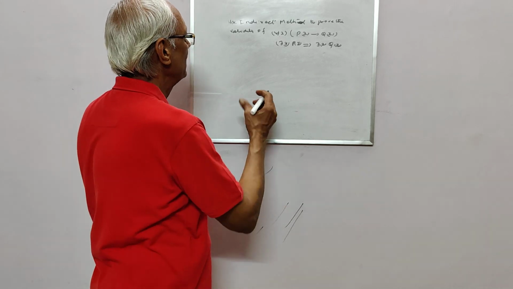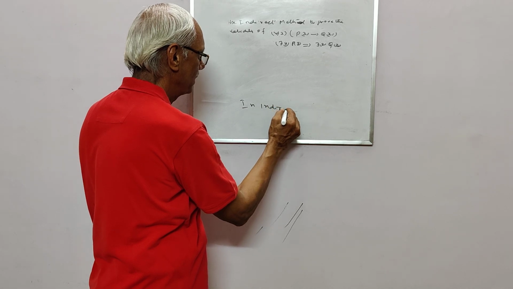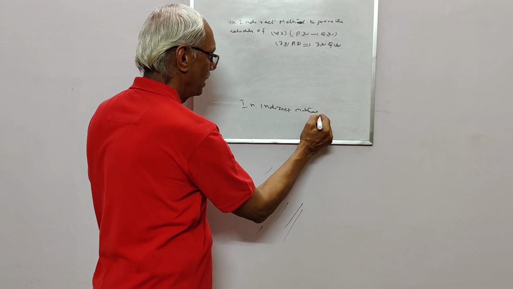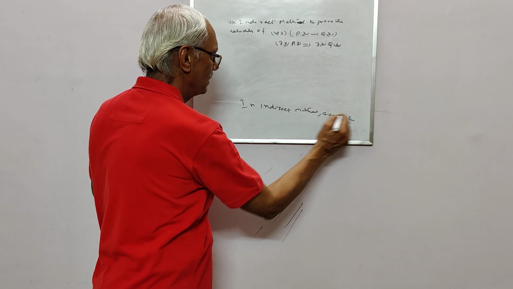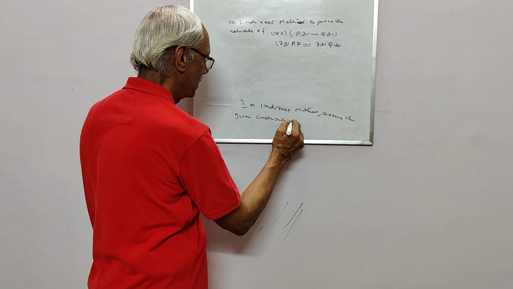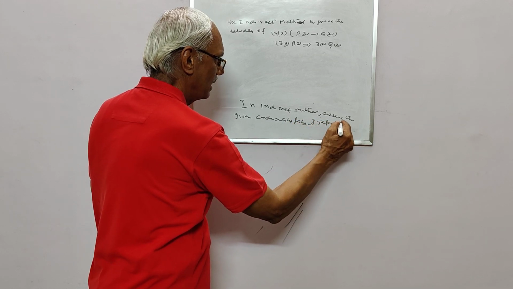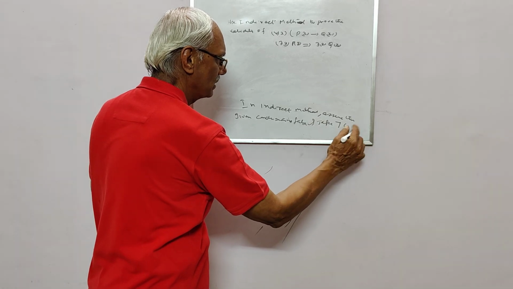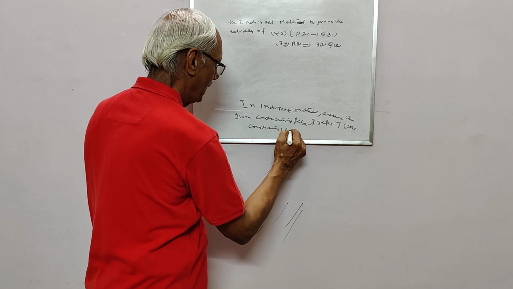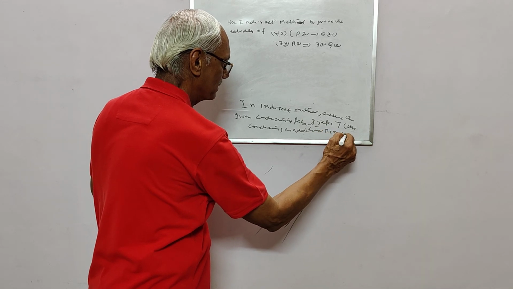That is, in indirect method, I'll write it and rub it off. In indirect method, assume the given conclusion is false and take negation of the conclusion as additional premise.